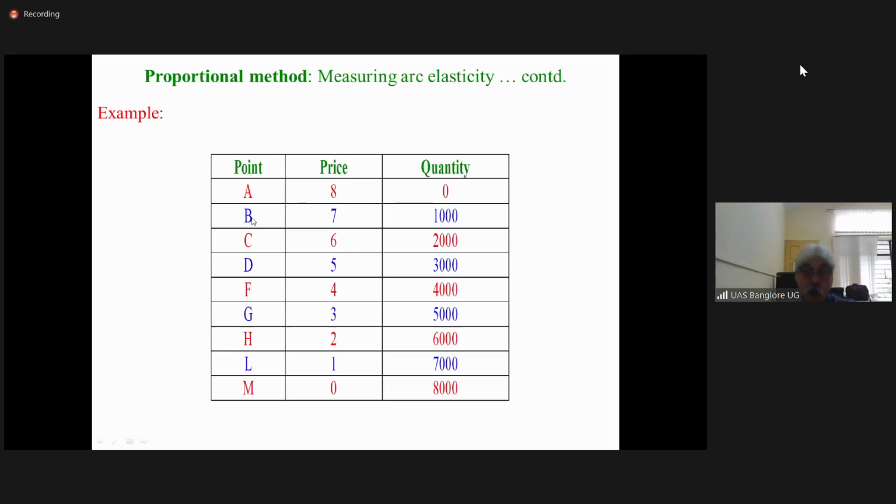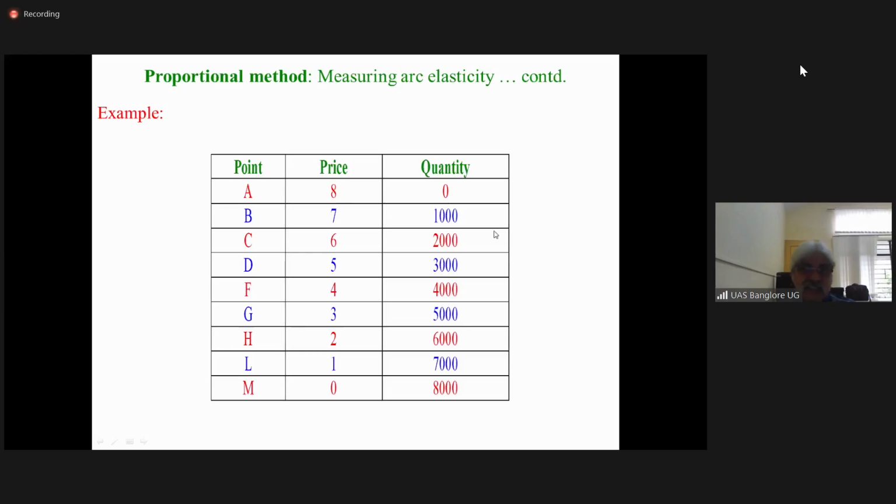B is the point on the demand curve where the price is 7 rupees and quantity demanded is 1000 units. And L is the point on the demand curve where the price is only 1 rupee and the quantity demanded is 7000. And M is the point where price has become 0 and quantity demanded would be, if the price comes down to 0 rupees, this is more theoretical, okay, 8000 units of the commodity.